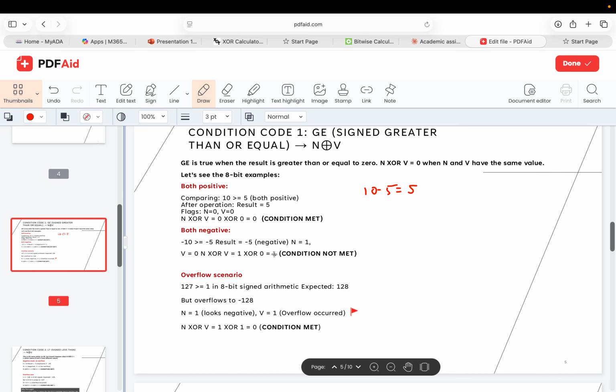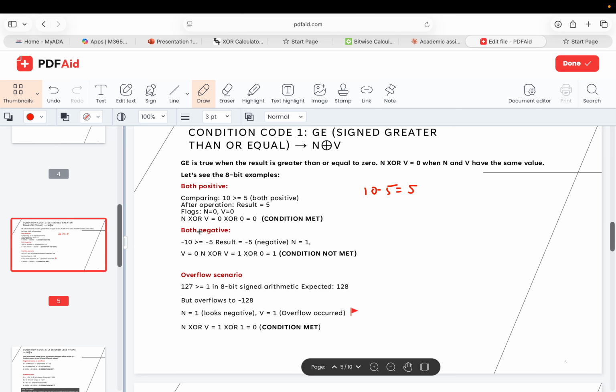Now the negative numbers. We compare whether minus 10 is greater or equal to minus 5, which is not correct, we know, because minus 10 is less than minus 5. So when the CPU does the comparison, it computes minus 10 minus minus 5, and the result is minus 5, which is less than 0.